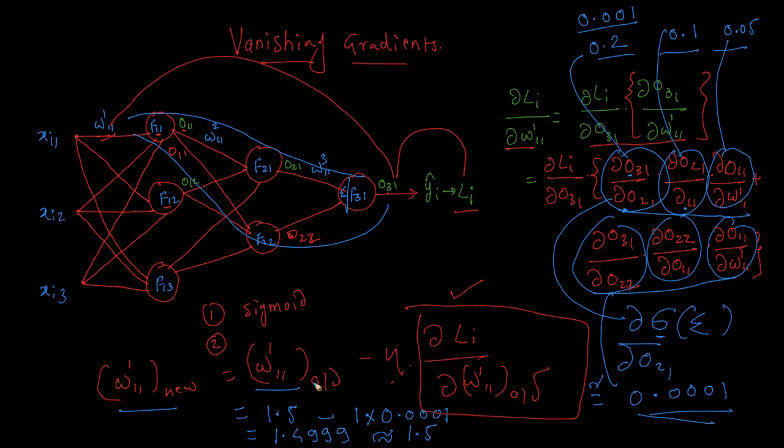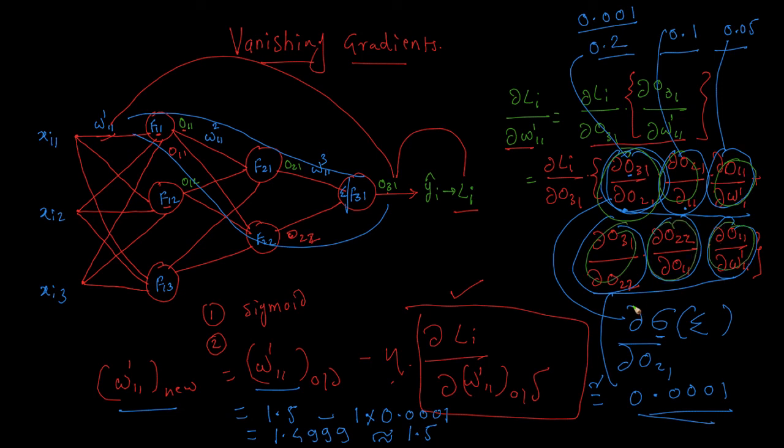If the weights are not updated, the neural network will not learn. The neural network will not be trained, right? So why is this happening? This is happening because we are multiplying a lot of fractions here, values less than 1.